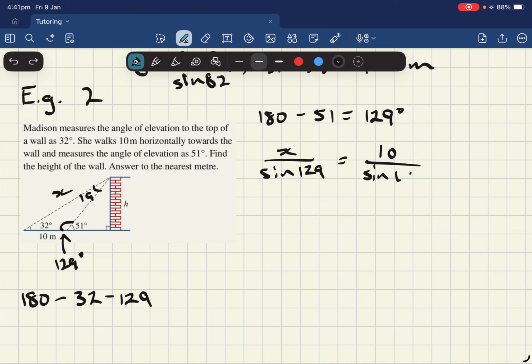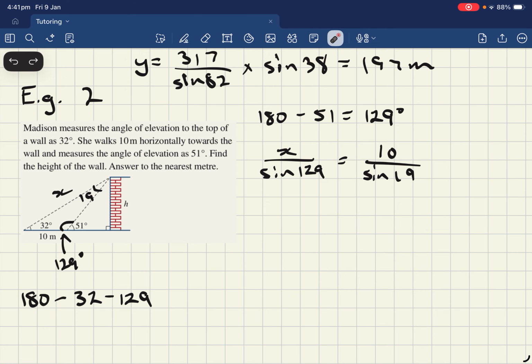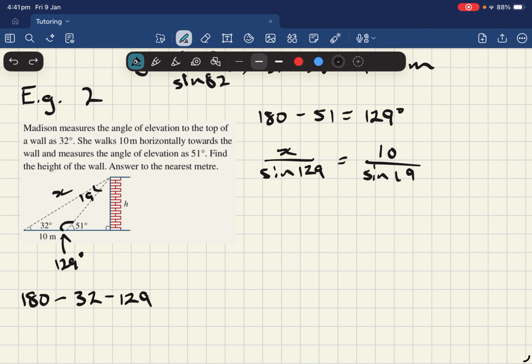Now that we have this, we can rearrange the equation to solve for our x on the numerator here. So we want to get the sine 129 away from the x. It's dividing, so we can multiply it across to the other side to find the value of x. Now that we've made x the subject of the equation, it's on its own, we can put this into our calculator.